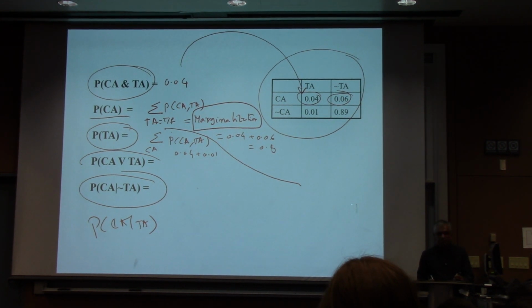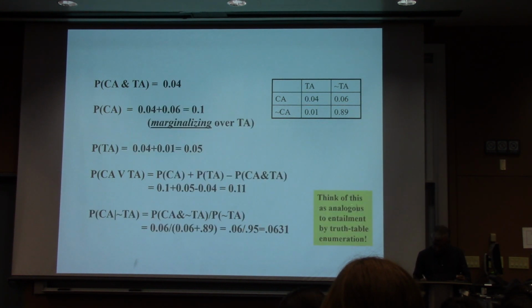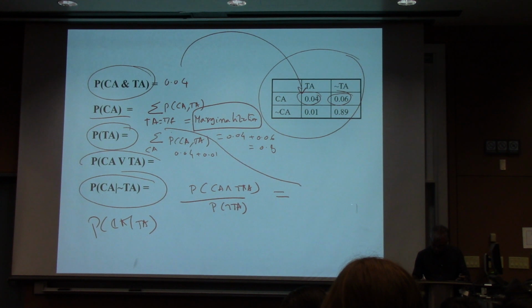So what is this one, probability CA given not TA? How do you do this? This is the definition of conditional probability. Probability of CA and not TA divided by probability of not TA. You understand this? So CA and not TA is 0.06.